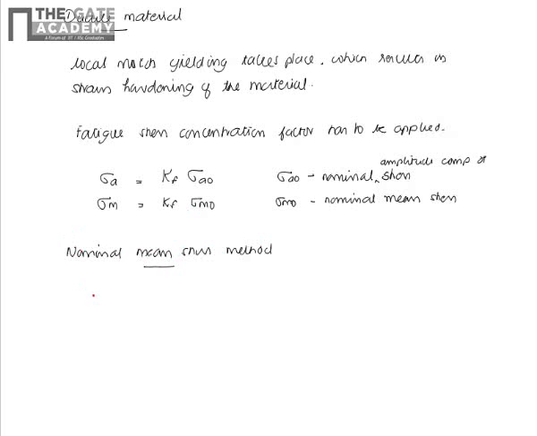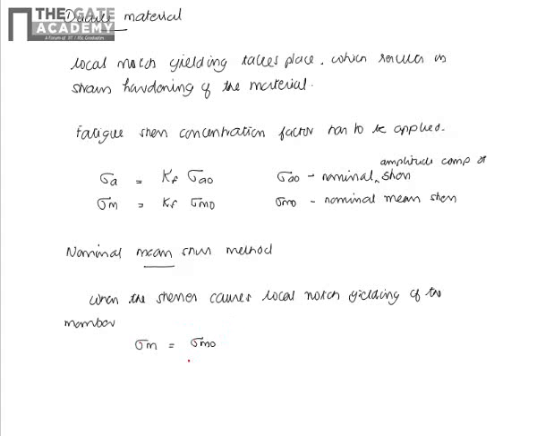This suggests that when the stresses cause local yielding of the member, sigma m need not be multiplied by the stress concentration factor.